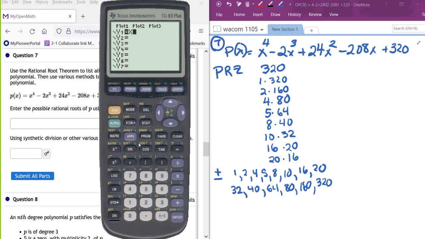So x to the 4th minus 2x to the 3rd plus 24x squared minus 208x plus 320. Graph.